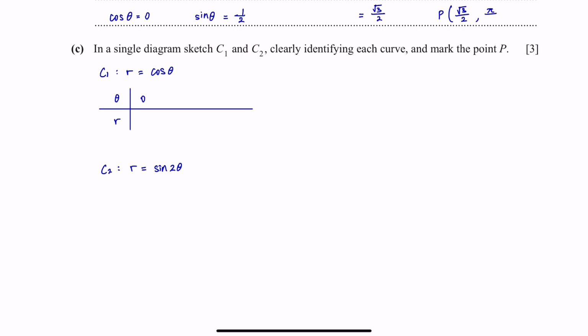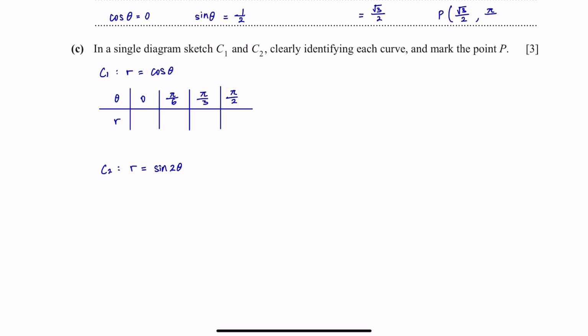So we can do it for theta equals 0, theta equals pi over 6, theta equals pi over 3, and lastly pi over 2. These are the more usual numbers that we can see.